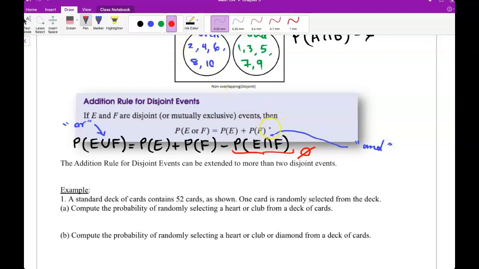What that means, if I wanted to write that part here, here is minus probability of E and F. Once again, this one is the empty set. That's why we don't have that part on this one here.